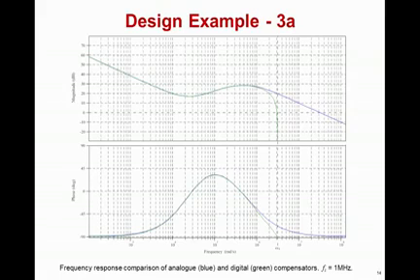As you can see in this plot, we have both the analog and the digital domain values plotted to see the difference and compare how closely the approximation allows us to transform from the analog domain to the digital domain. As you can see, it very closely matches up until the Nyquist frequency, and at that point you can see that the phase plot diverges as expected with a phase lag, and the gain plot does alter some as well.